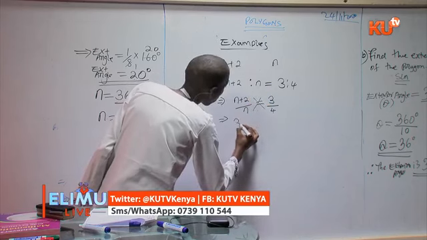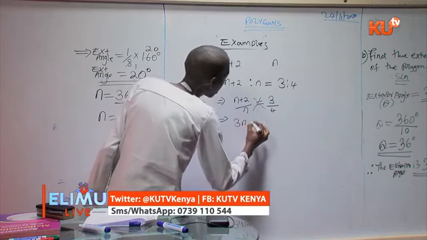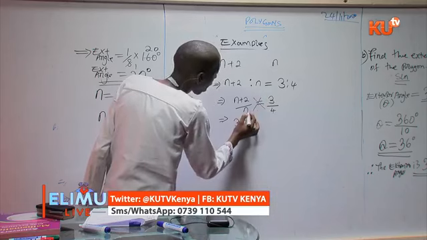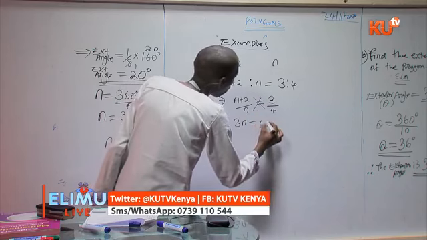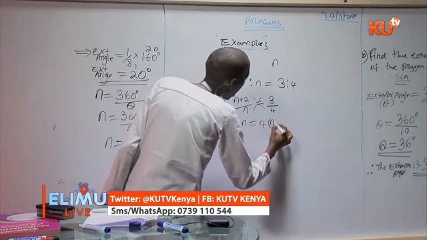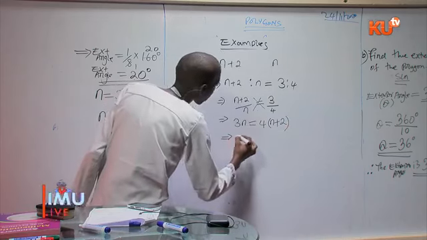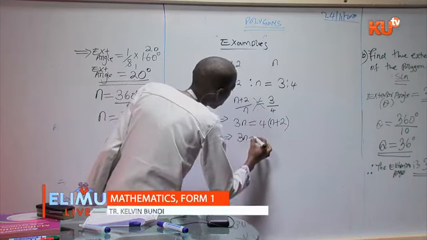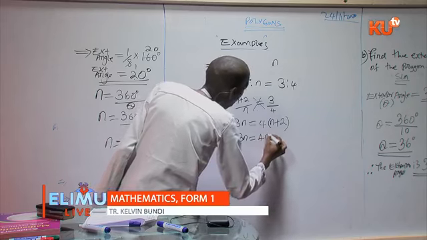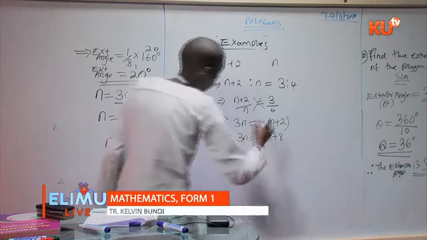You'll have 3 multiplied by n is equal to 4 into bracket n plus 2. Then open the bracket. 3n is equal to 4n plus 8.